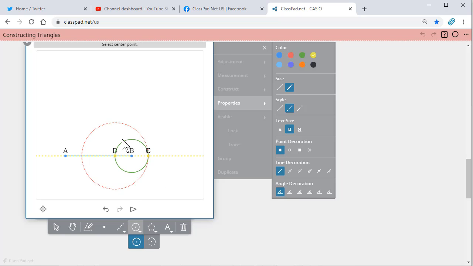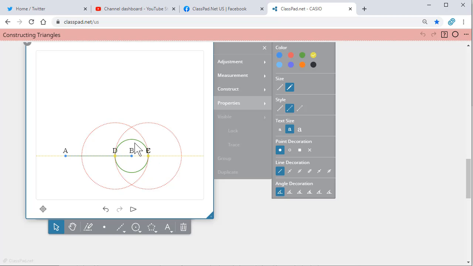And so now I know that every point on this red circle is equidistant from D, including E. And now let's make another circle with center at E, open to D. I know these two red circles are congruent. Again, it's that understanding that since they had the same radius, all the points on each of them are the same distance.